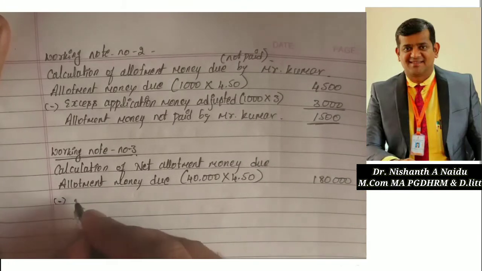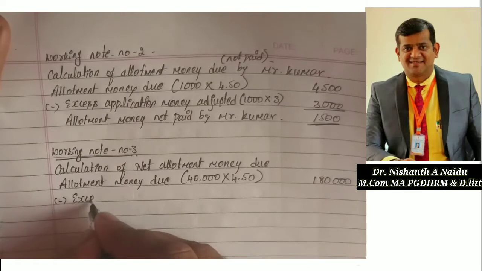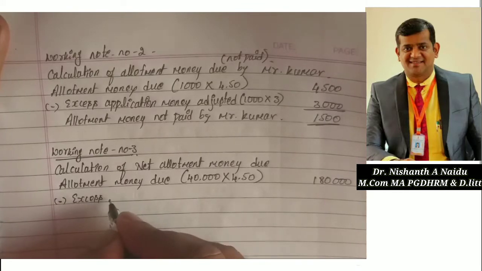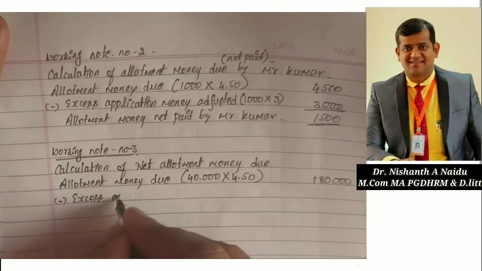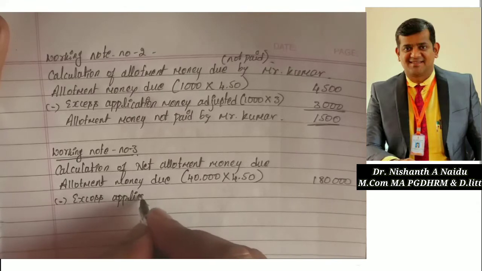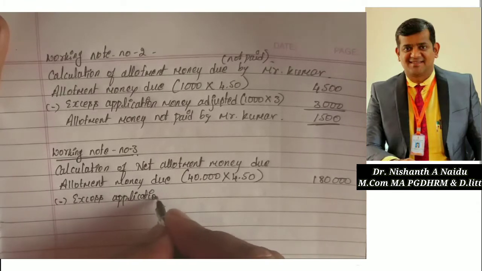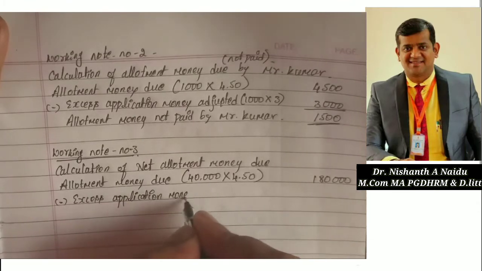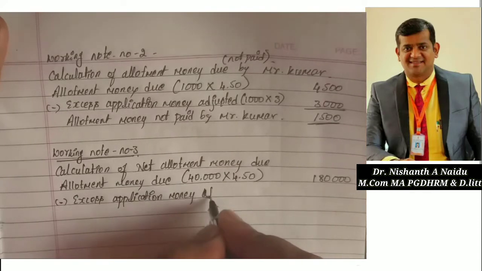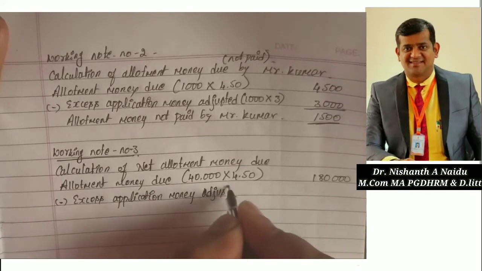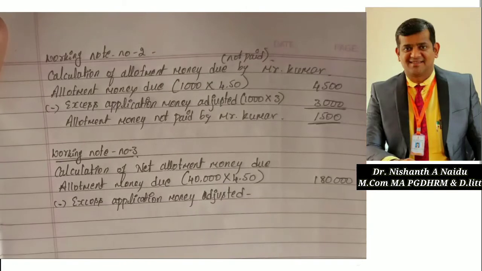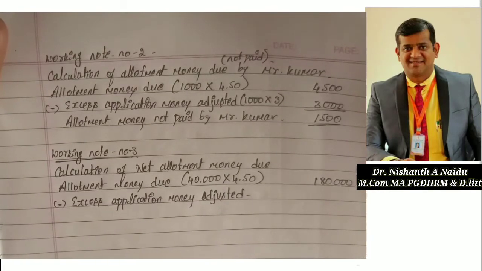So now let us adjust less excess application money adjusted. So how much excess application money we have adjusted towards allotment?